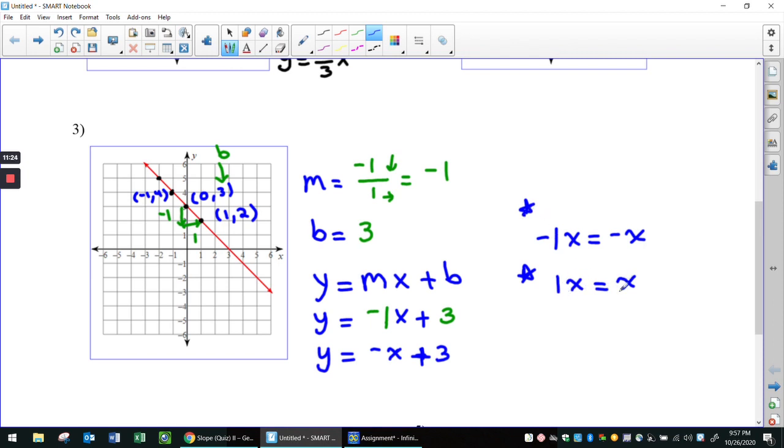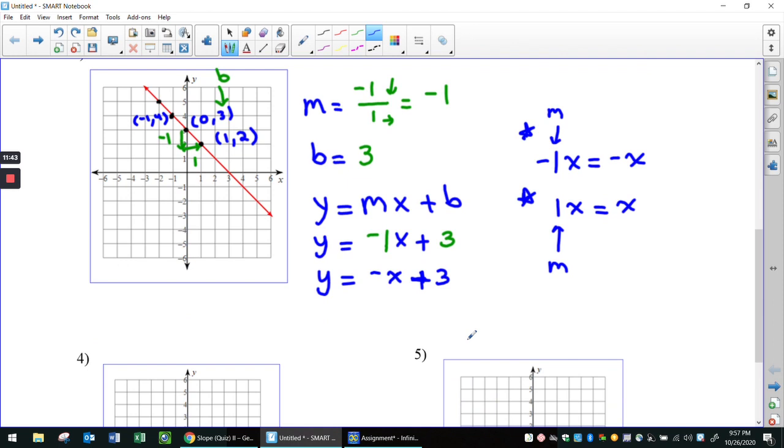If you've got an x by itself, then you will recognize that 1 is the slope. Or if you have -x in your equation, then you would know that -1 is your slope. So in this case, we could see that happening as well.